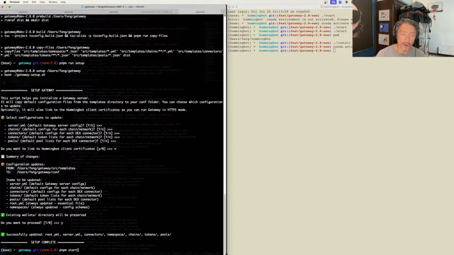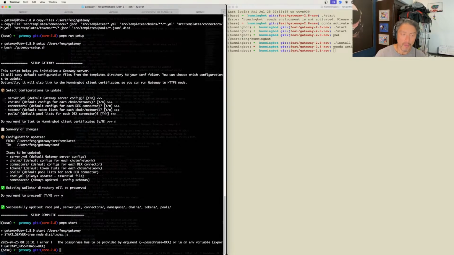Now this will work by itself like this, but actually this won't work because you want to set a passphrase. The reason you want to set a passphrase is because it is used to encrypt the wallets that you store with Gateway, so that when it's stored, you're not storing the private key in plain text.